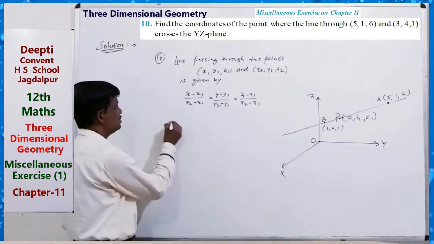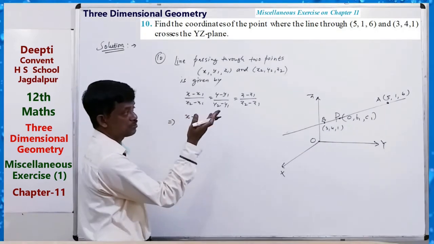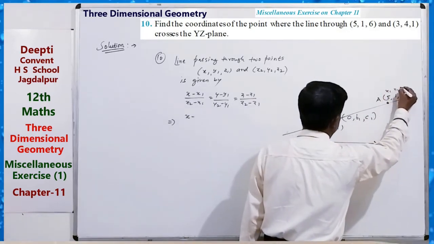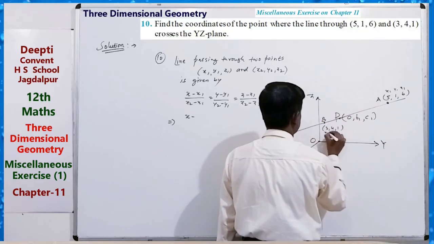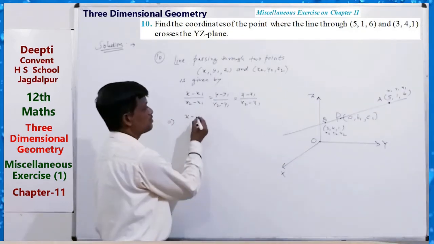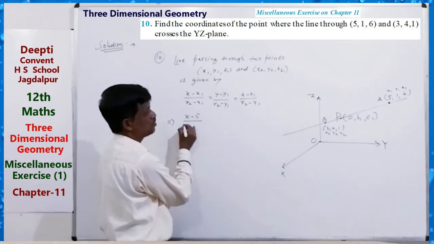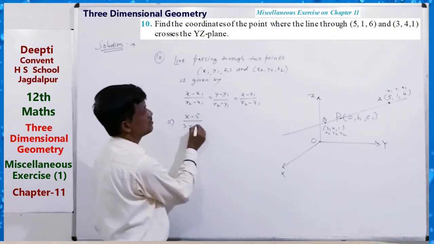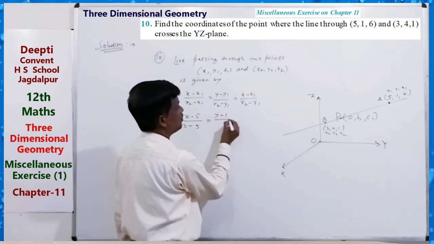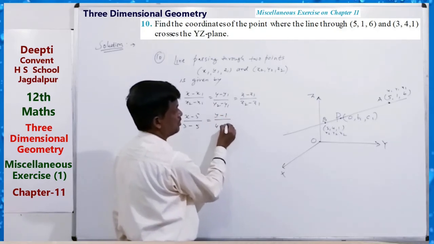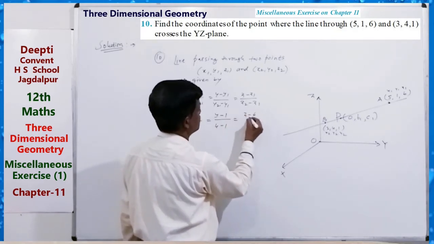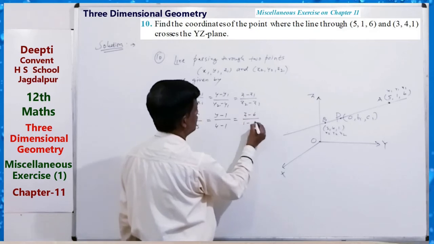If this is x1, y1, z1 and this is x2, y2, z2, then x minus 5 upon x2 means 3 minus 5, equals y minus 1 upon 4 minus 1, equals z minus 6 upon 1 minus 6.